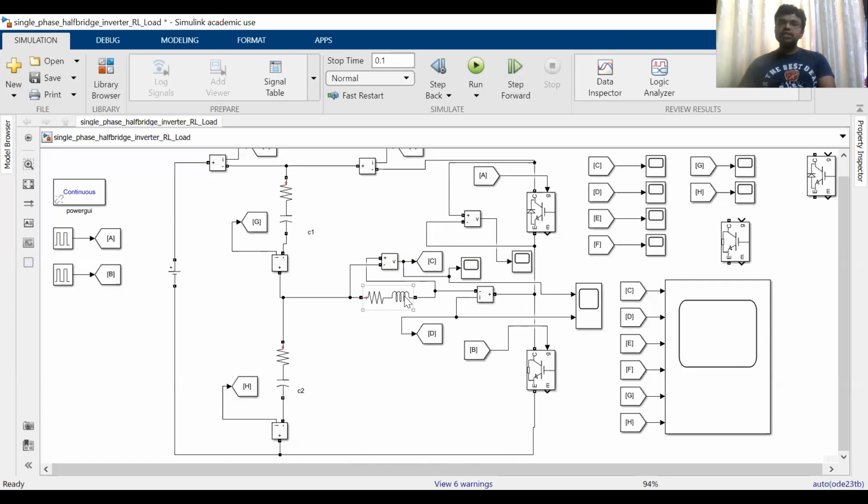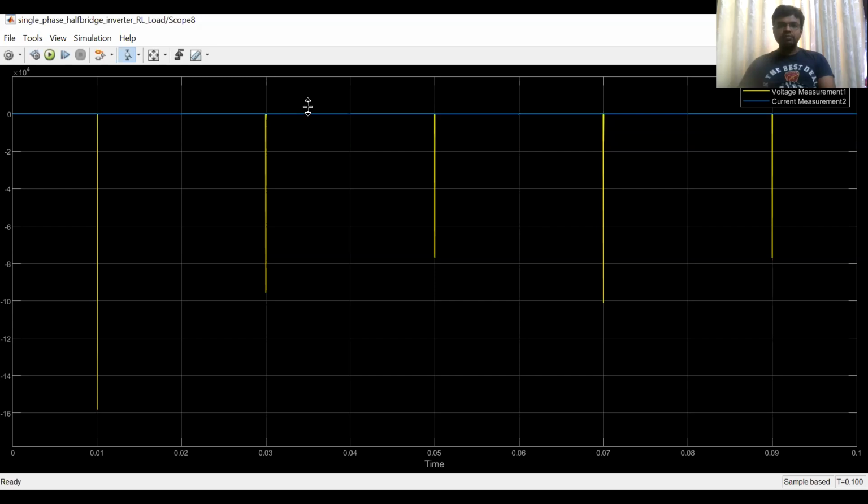You know that V is equal to L into di by dt. Within a short time, if the change in current, that is di, is large, it means a high voltage spike. This spike will be obtained.